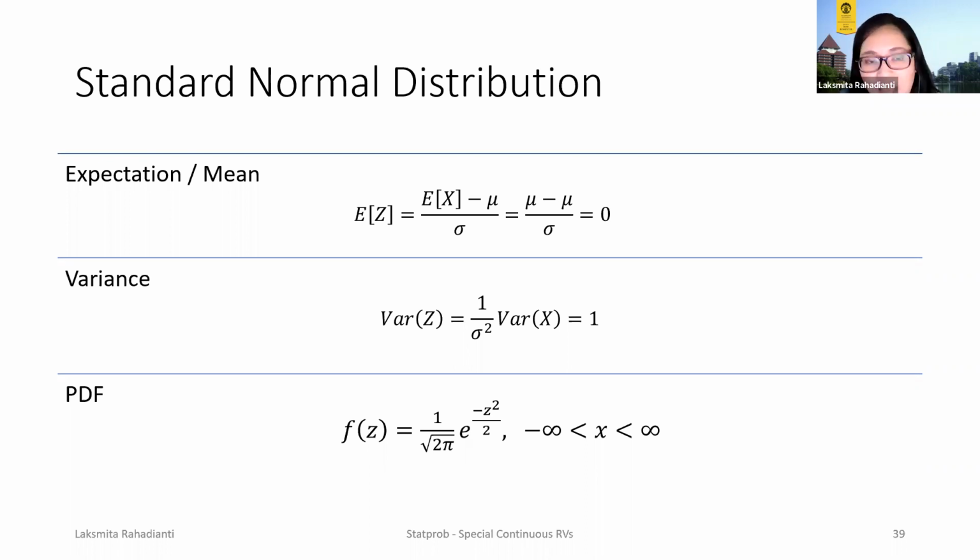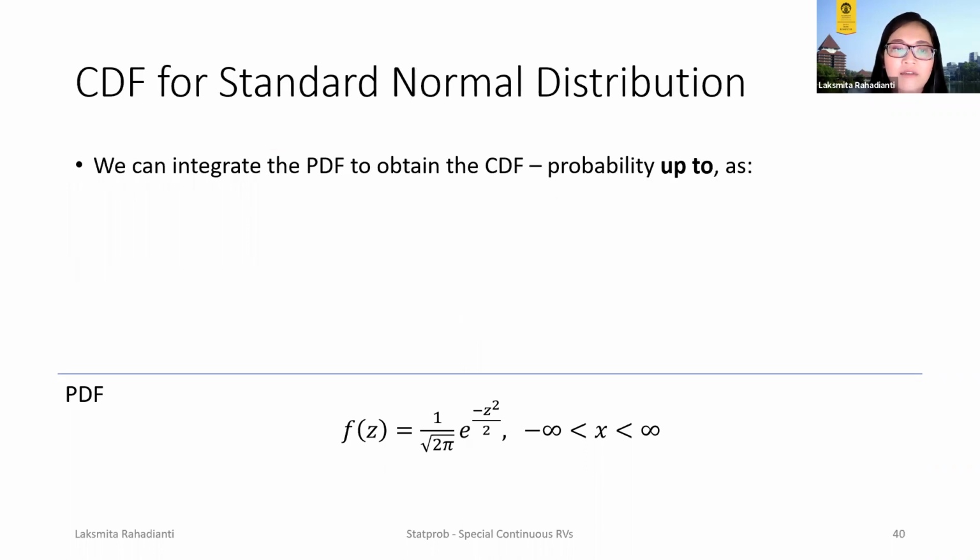And lastly, our PDF. So this is simplified somewhat from the basic normal distribution because we no longer have the mean and standard deviation of any numbers. Note here that I now have the PDF, which I can integrate to obtain the CDF.